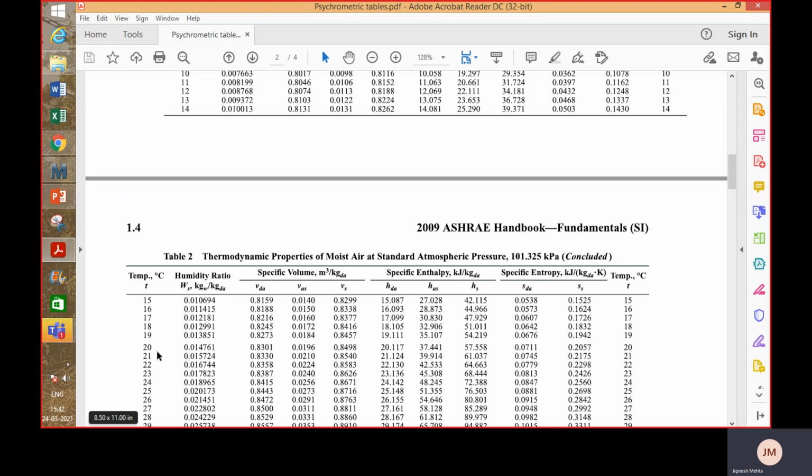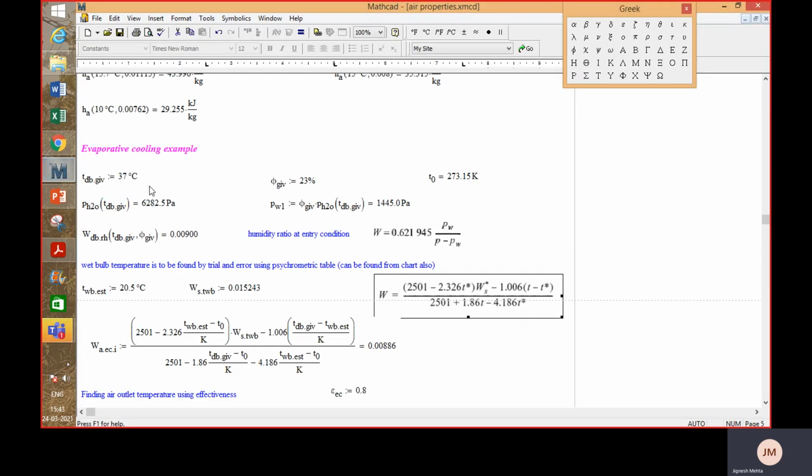Okay. Or whether it will be 20.5 or it will be 21 or 20, right? So what you may do is you can take 20.5 and take the average of these two WS, and then if you find that your W is quite close to 0.009, then you can accept 20.5 as your wet bulb temperature. So that is what is actually happening.